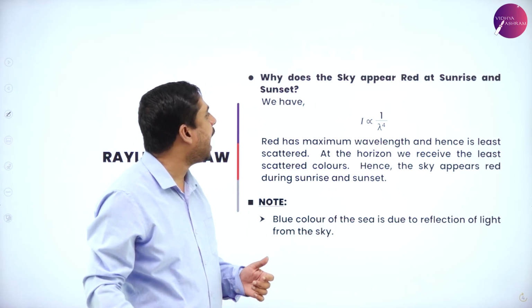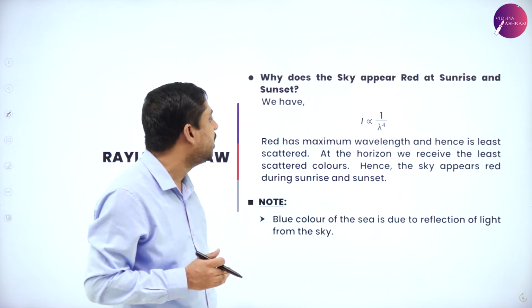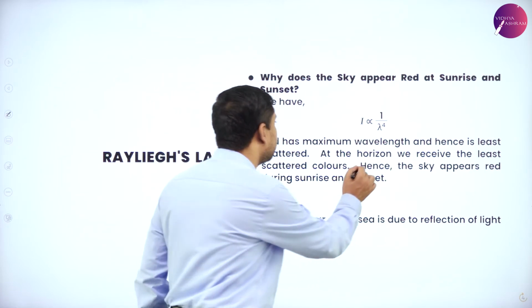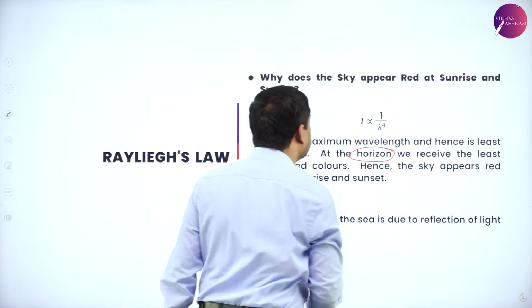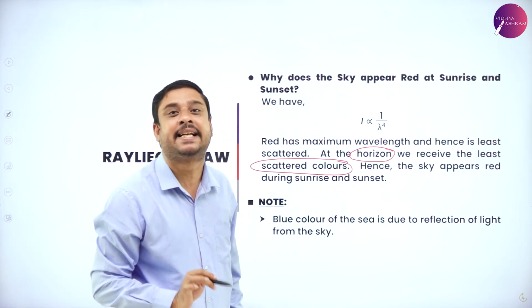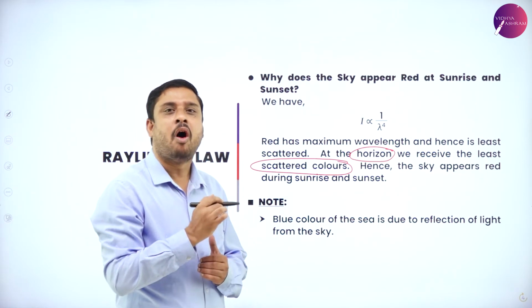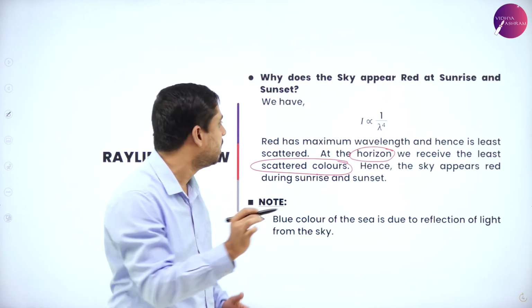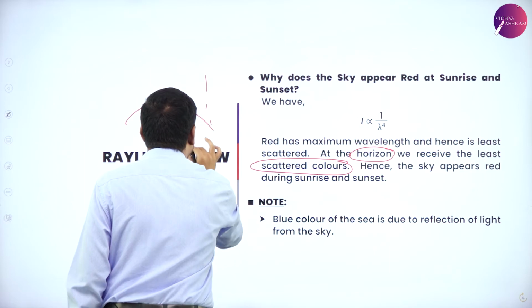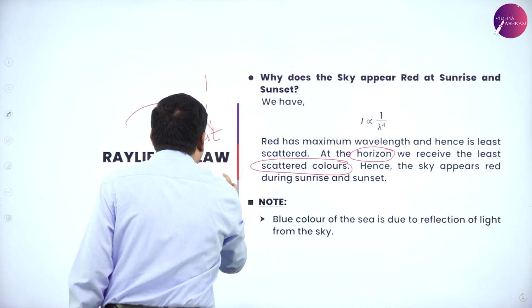Similarly, why does the sky appear red at sunrise and sunset? During sunrise or sunset, at the horizon, we always receive least scattered colors.